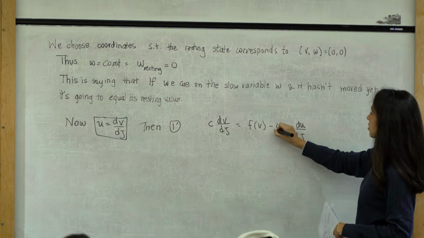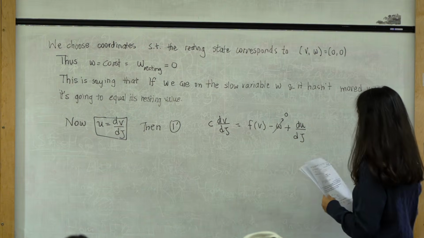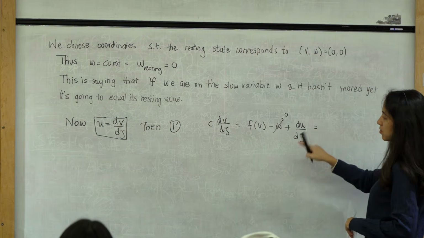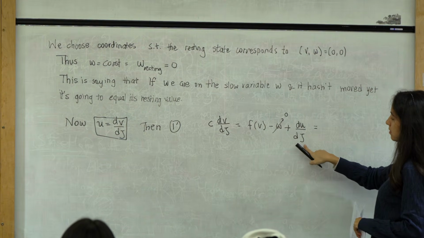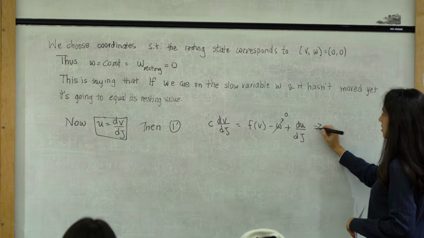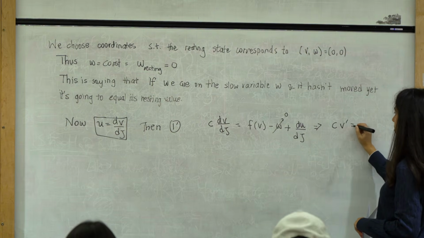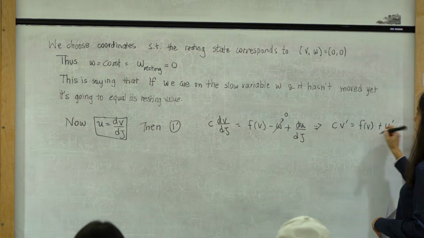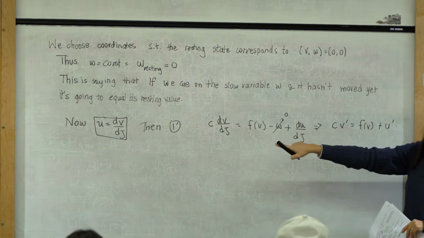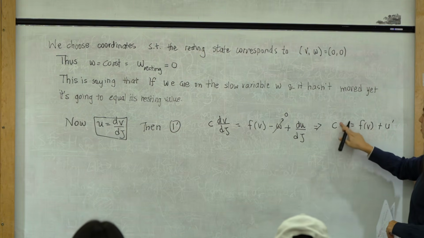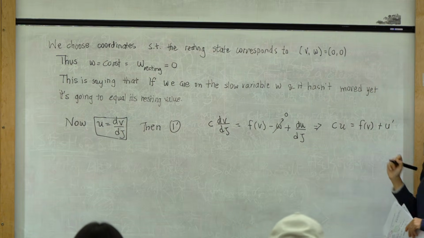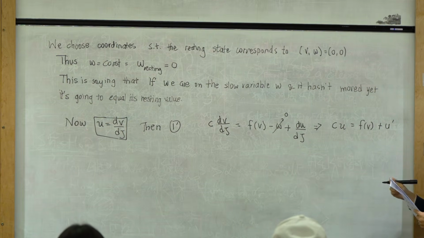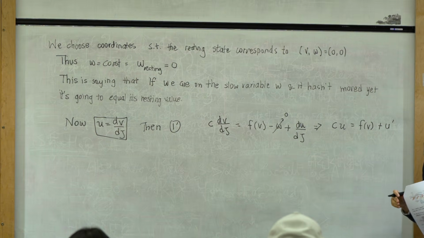W, we said it's 0, so I can simplify this. And then overall, if I start denoting now the prime with the derivative with respect to zeta, this is equal to f of v plus u prime. But this thing is exactly u, so I can just write this is equal to u.